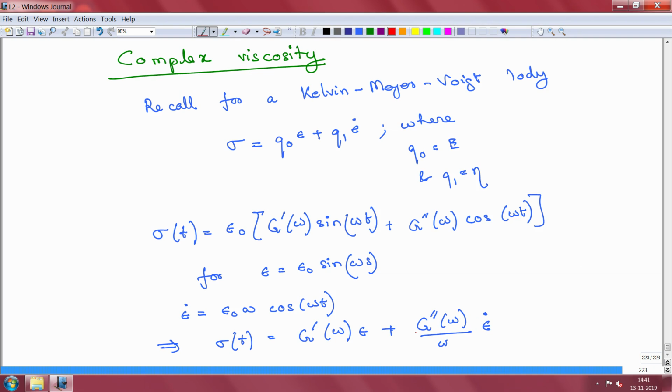Okay. So, this variable here is often called a dynamic viscosity in this case.